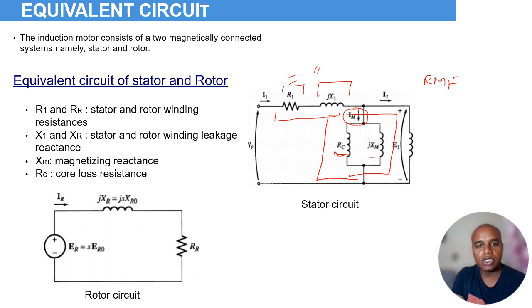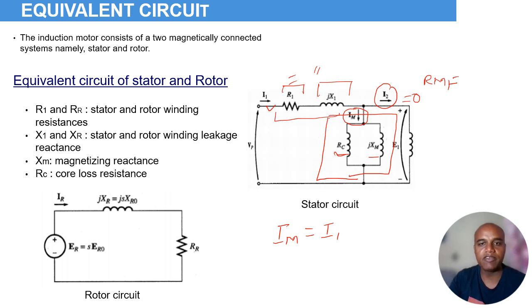If there is no load on my induction motor, it will draw only the current IM, and the current I2 will be equal to 0. So during no load operation, the current drawn by the motor, which is IM, is of course equal to I.